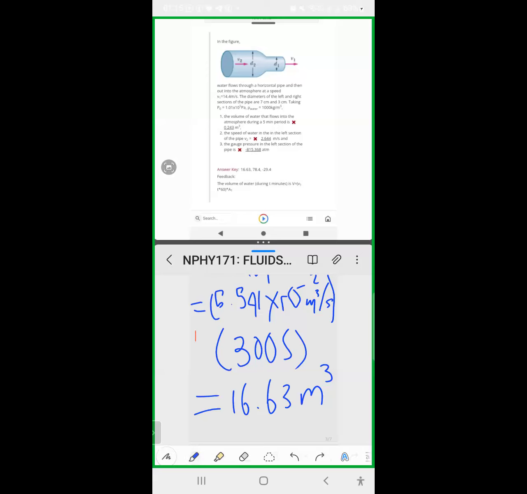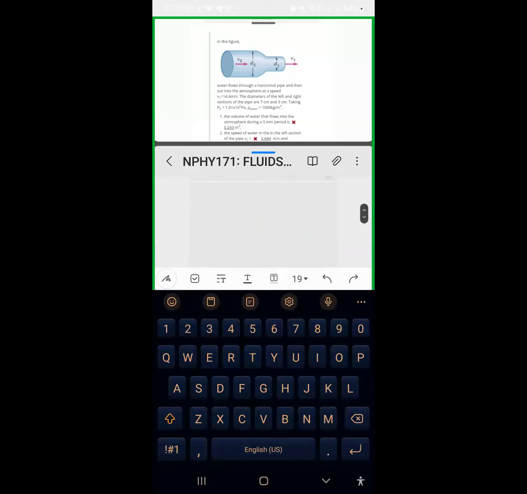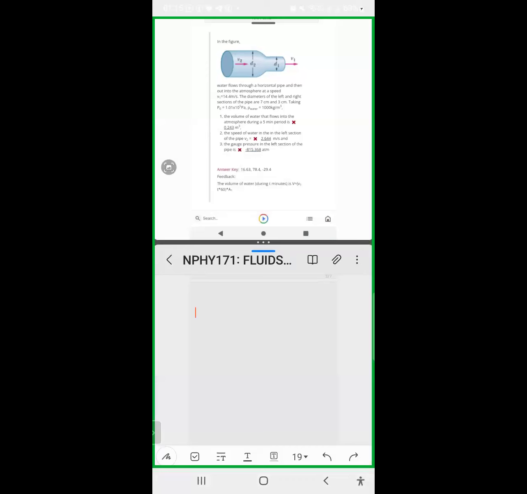On the second question, they say the speed of water in the left section of the pipe, V2. So we need to find the speed of water in the left section of the pipe, V2. So we know that even here we have to use the continuity equation. By the continuity equation, the flow rate, A multiplied by V, is equal to a constant.